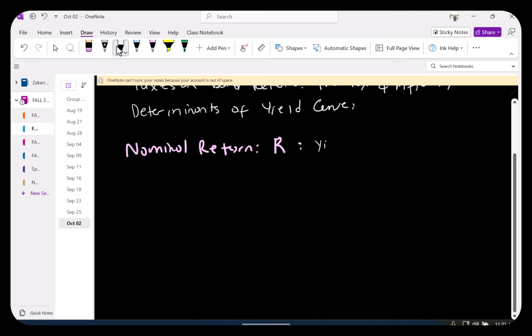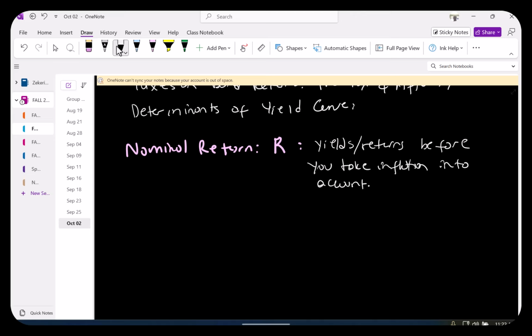These are yields or returns before you take inflation into account. If you have $300 now and the bond that you bought is going to pay you 10% yield, well, next year you're going to have $330. So that extra 30 is the nominal dollar return, or 10% is the nominal rate.